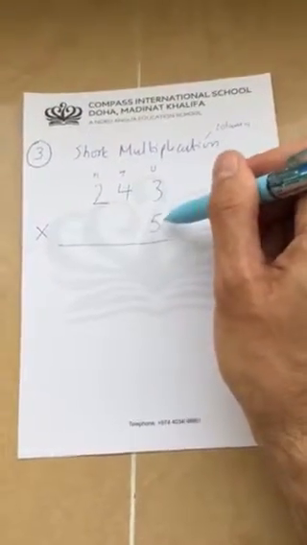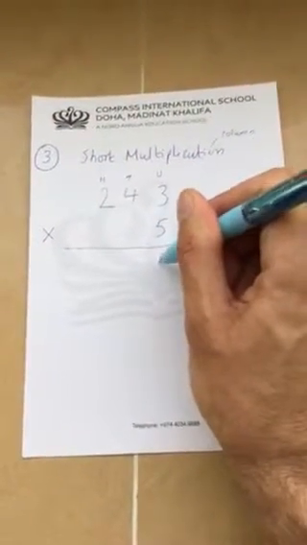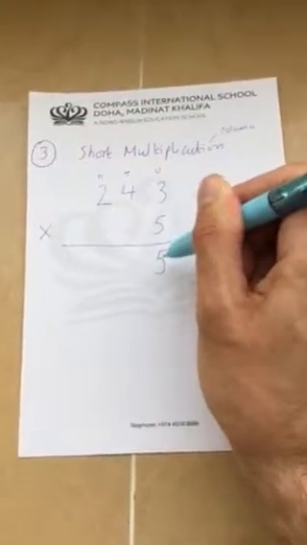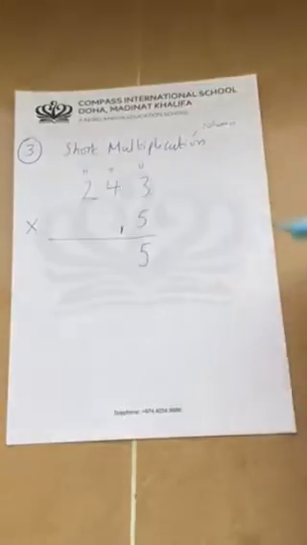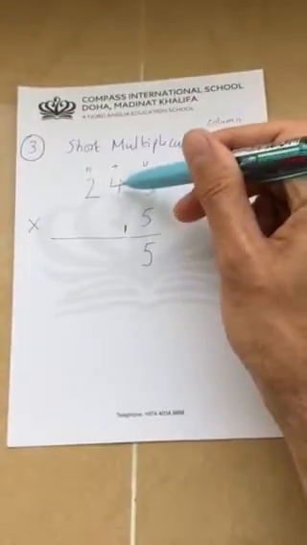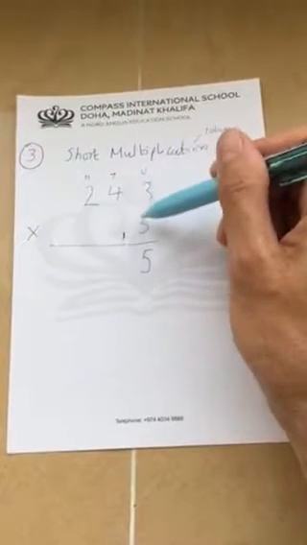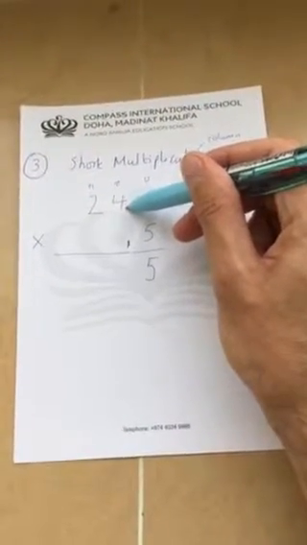So we say, right, what are we multiplying? We're doing exactly the same as grid method, except we're just doing it like this. So we say, what's 3 times 5? The answer is 15. Put the 5 there, and we carry the 1, just like we would in column addition. We now do the tens. 5 tens times 4 tens. 4 times 5. 5 times 4. The answer is 20.